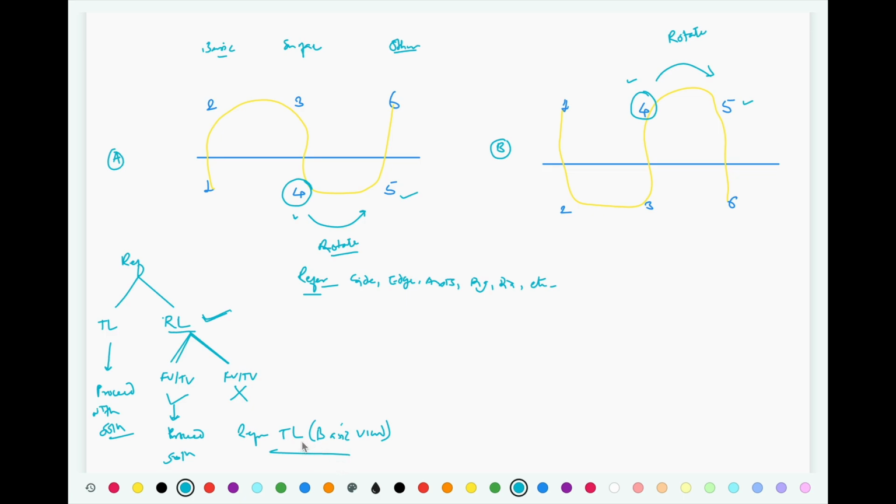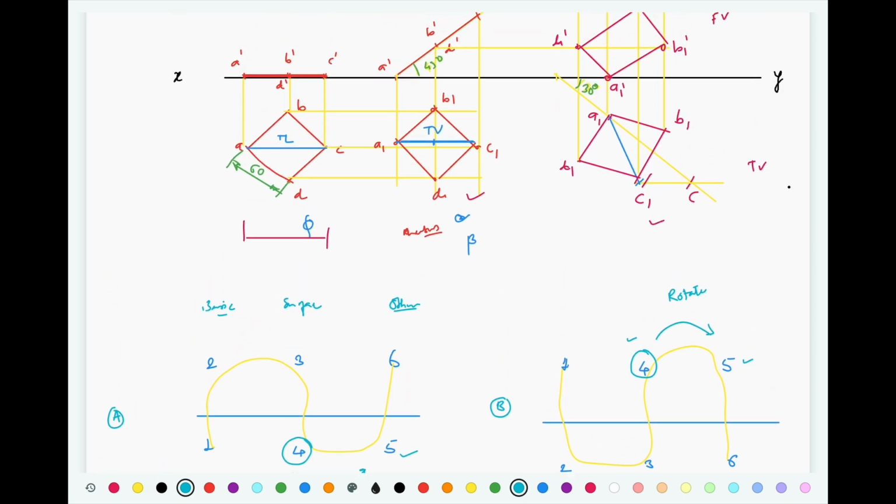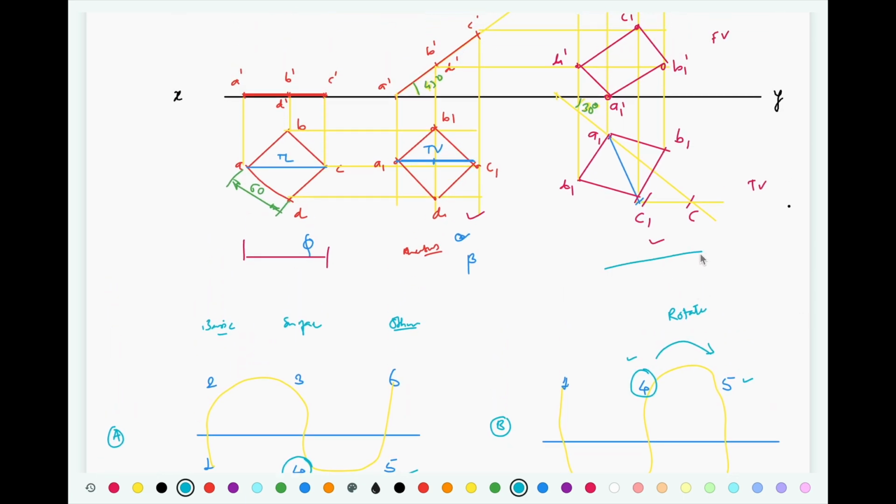Draw that basic view at the given inclination, or draw the locus through that point, and then complete the solution that we have done over here. Okay.